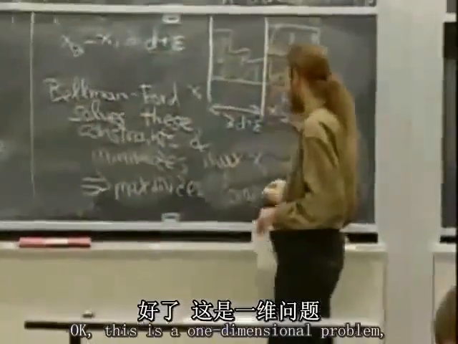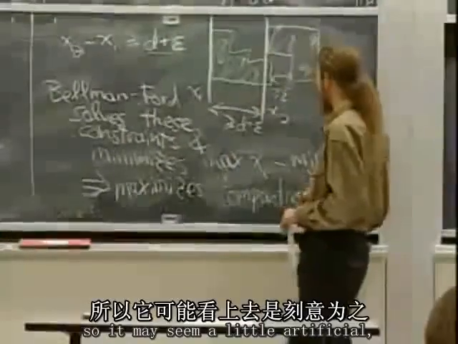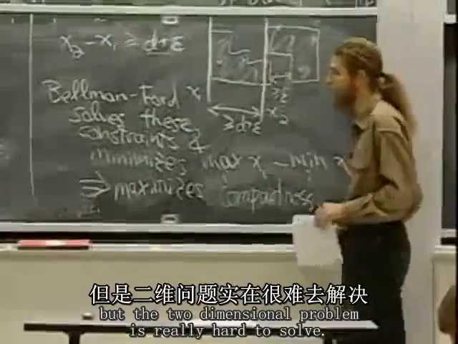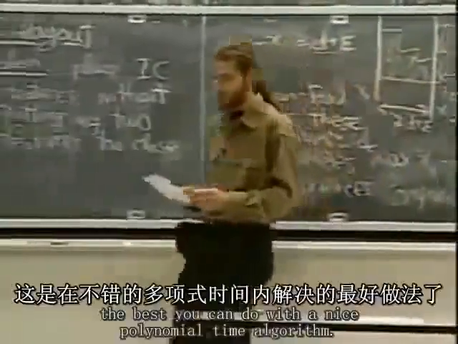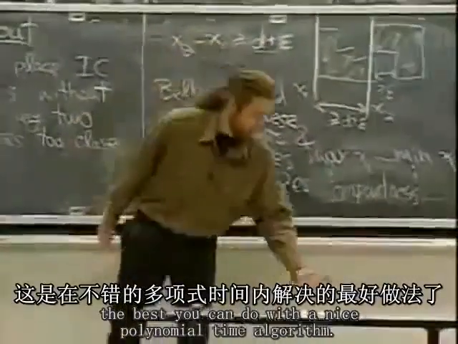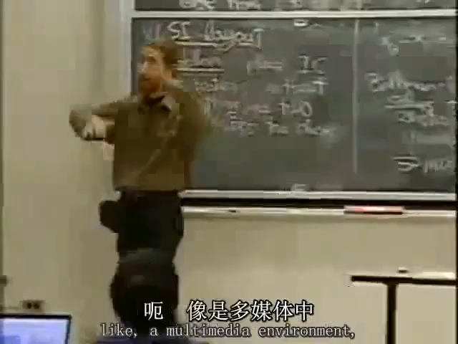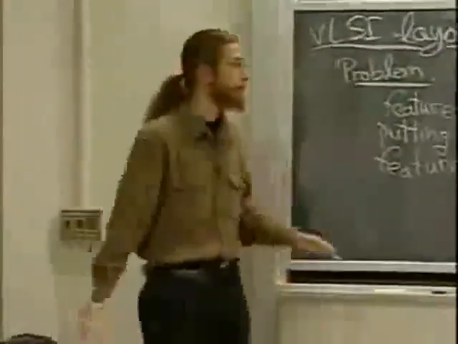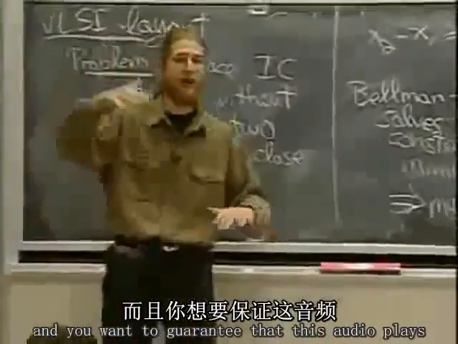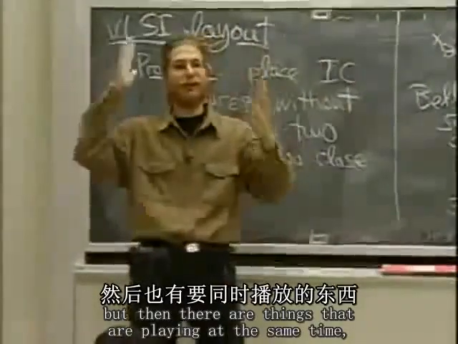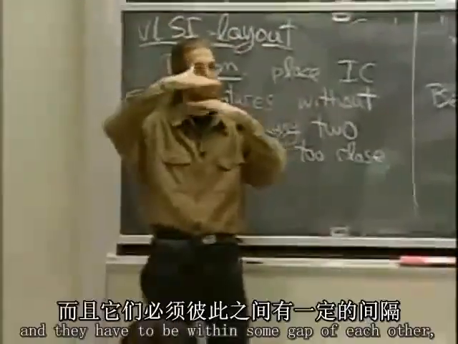Okay, this is a one-dimensional problem, so it may seem a little artificial, but the two-dimensional problem is really hard to solve. And this is, in fact, sort of the best you can do with a nice polynomial time algorithm. There are other applications if you're scheduling events in a multimedia environment and you want to guarantee that this audio plays at least 2 seconds after this video, but then there are things that are playing at the same time and they have to be within some gap of each other.